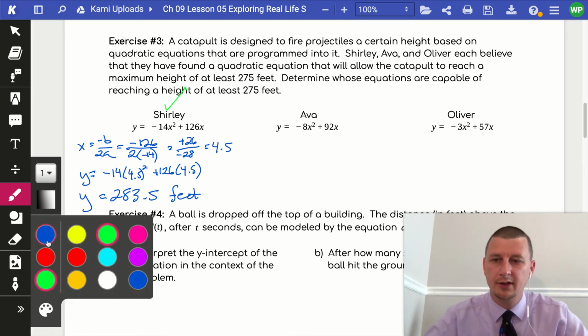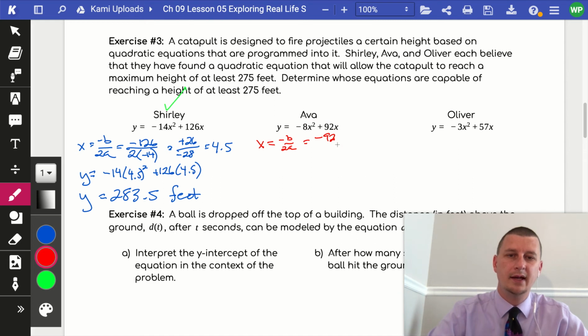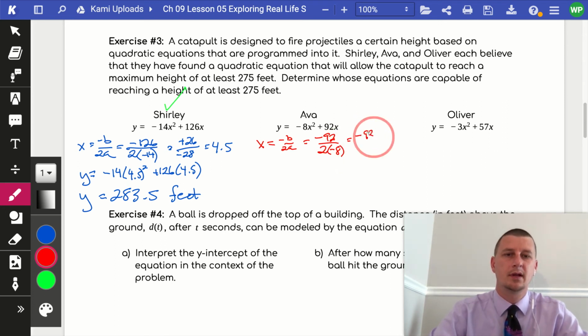So now let's go on to Ava's equation. And we're going to go back to using our axis of symmetry formula. We're going to have x equals negative b divided by 2 times a. And we're going to have negative 92 because our b value is 92, divided by 2 times a, which is negative 8. And we're going to have negative 92 divided by negative 16.